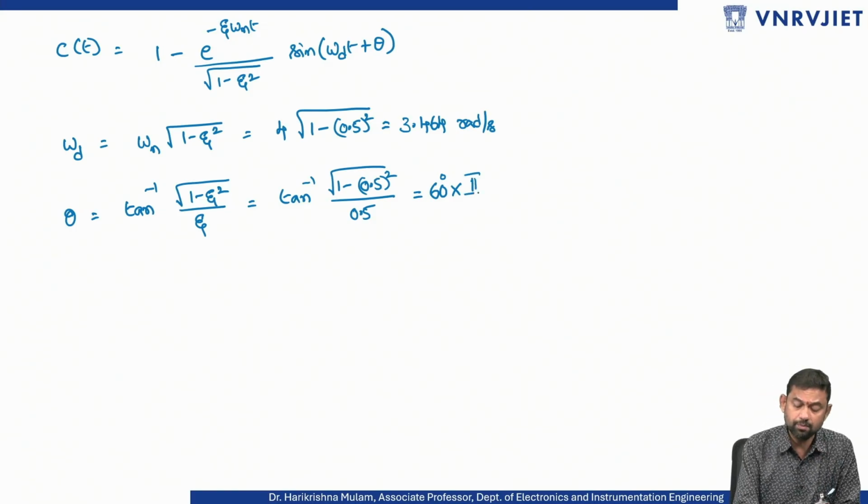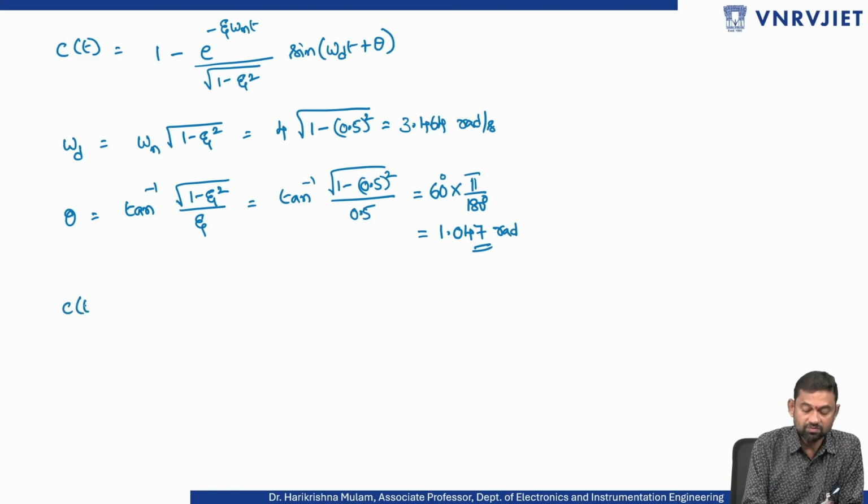Therefore, if you multiply it by pi by 180 degrees, it comes around 1.047 radians.